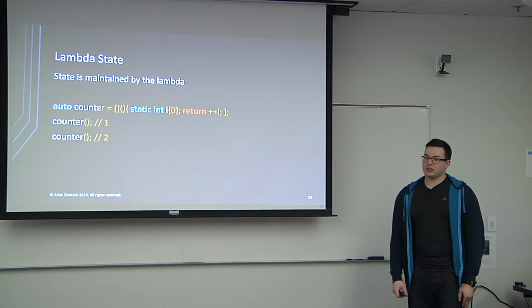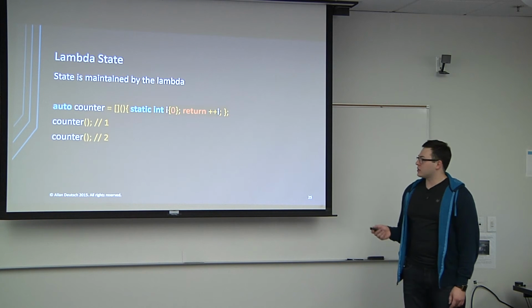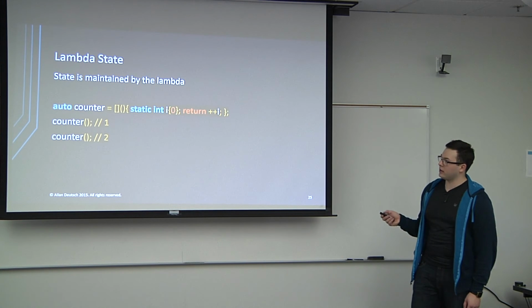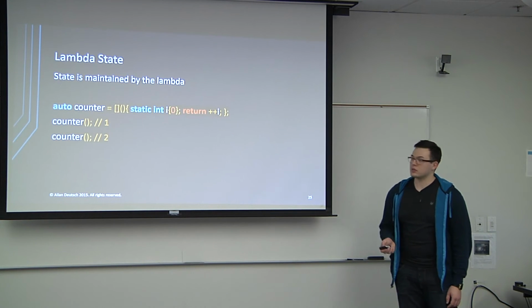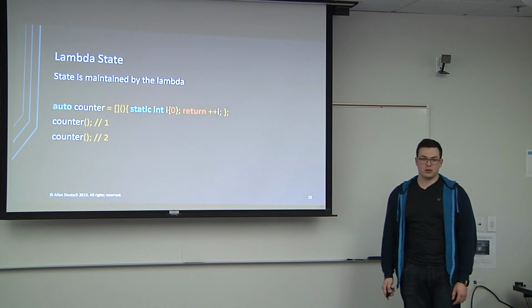So state in lambdas is something that can actually be maintained. If you have some sort of static variable in your lambda and you modify it across calls. So here we have a first call to counter, it'll give you 1, and then a second call, it'll give you 2. So that static int is actually maintaining its state across calls to the lambda.